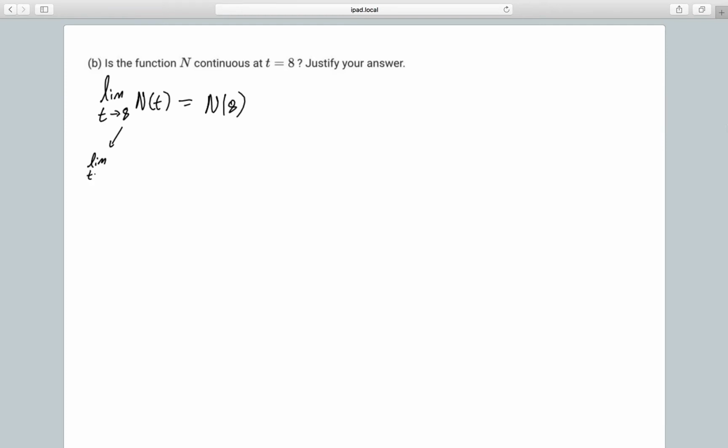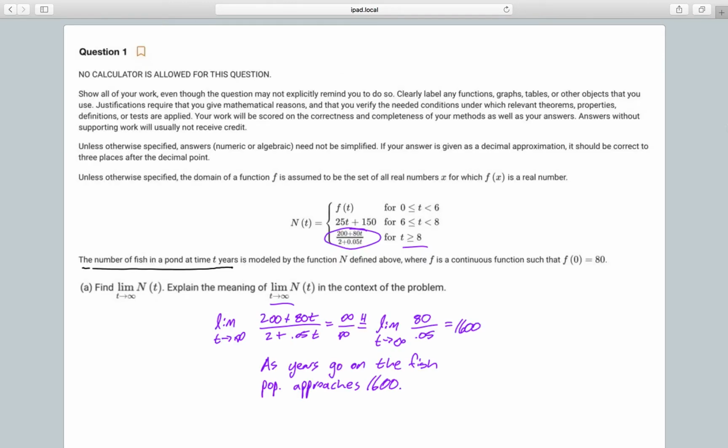as t approaches 8 from the left first. If we're approaching 8 from the left, we want to jump to this middle piece of the function, because those are numbers in the domain that are smaller than 8 but approaching 8. All I'm going to do is substitute 8 directly in for t there.